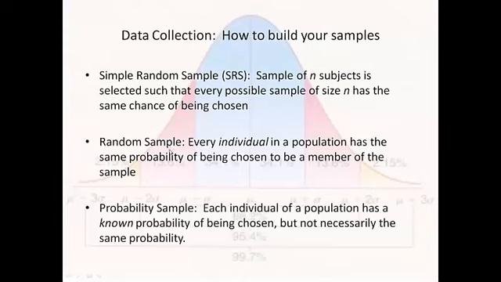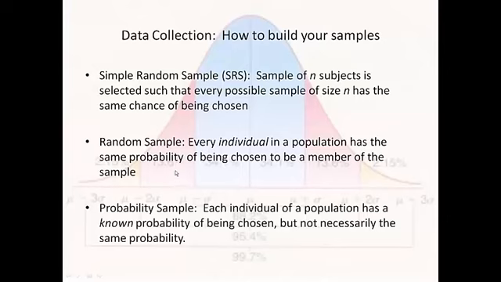The reason we do that is, let's say I'm trying to test some gifted kids, and I know that my gifted population is 10% African American, 20% Asian, 50% Pacific Islander, and the rest are Caucasian.